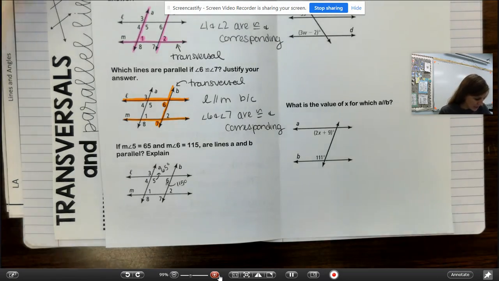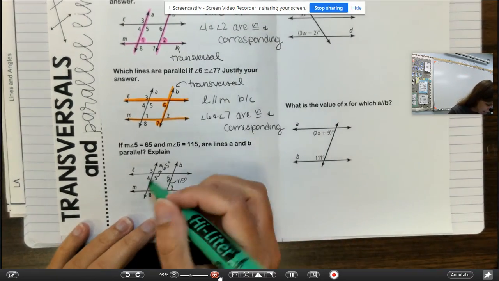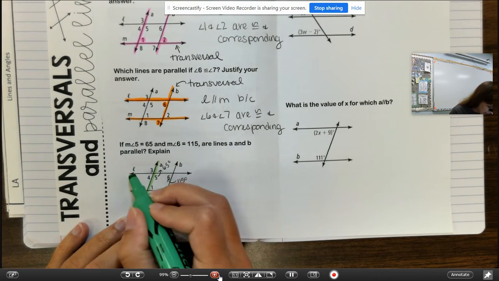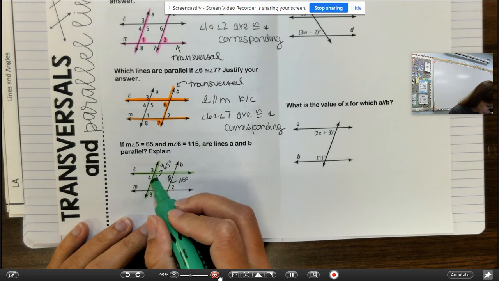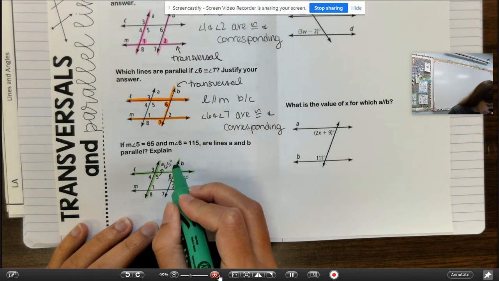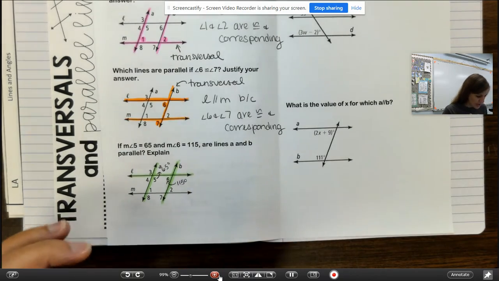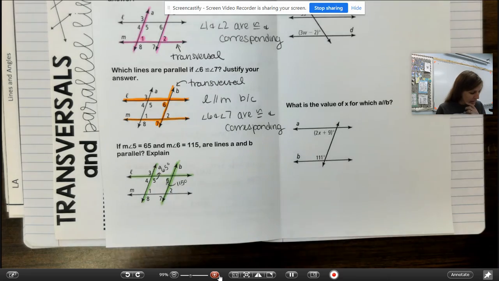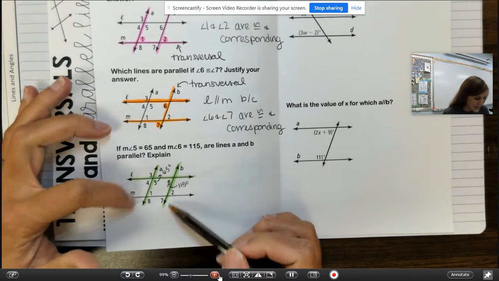So if we take a little look here, angle 5 is touching line A and line L, that's how we make angle 5. And then angle 6 is touching line L and line B. So line L is our transversal because that's the one we touched twice. Are lines A and B parallel?